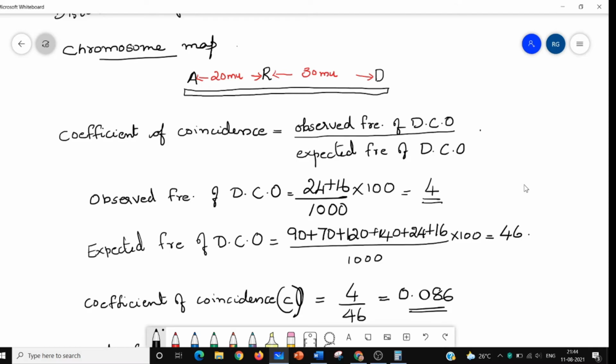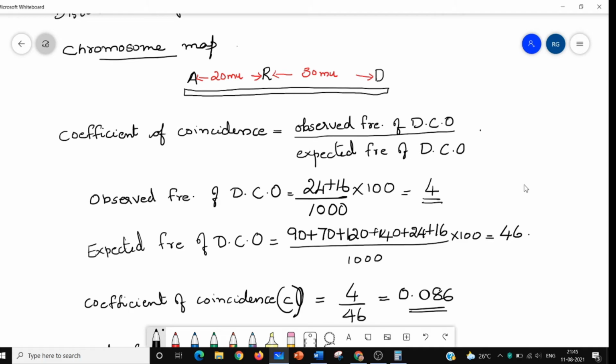From the given data, we find the observed frequency of double crossovers, where the double crossover numbers are 24 and 16. Dividing that by the total number of offsprings into 100 gives us 4 as the observed frequency of double crossovers.